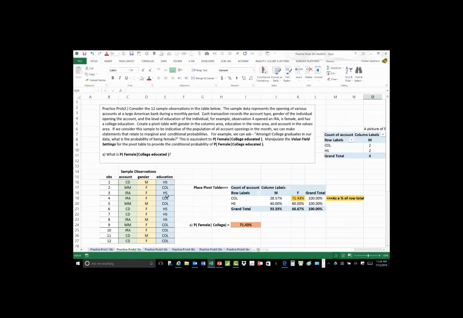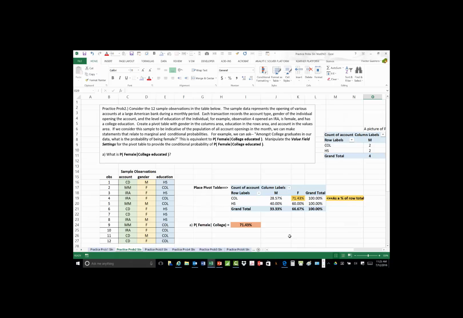In this particular problem, we are asking a question about a conditional probability. We've collected data, 12 observations, scant data, not a lot, but important data to us, and we feel that this is representative of the population. So we're going to make a leap from this scant data to the population. The question is, what is the probability that given you have someone that is college educated, that person will be a female?